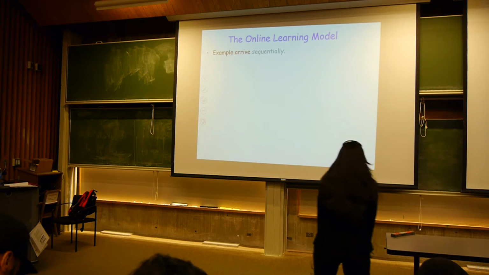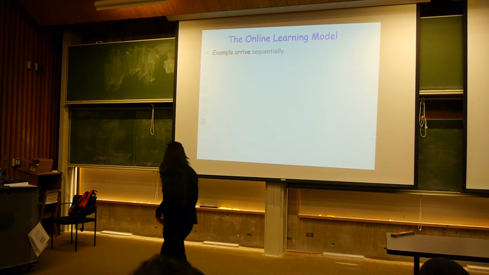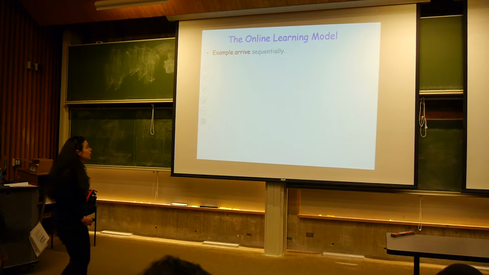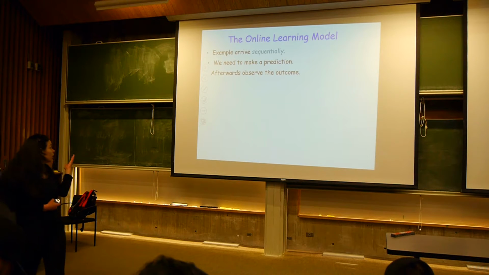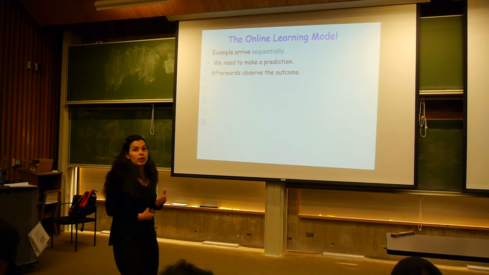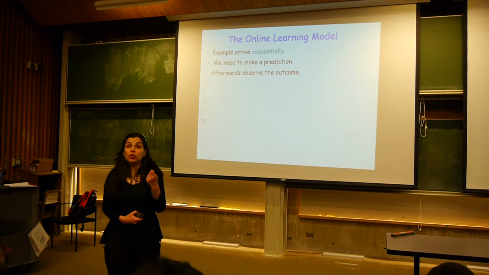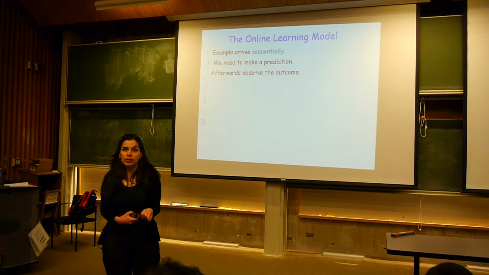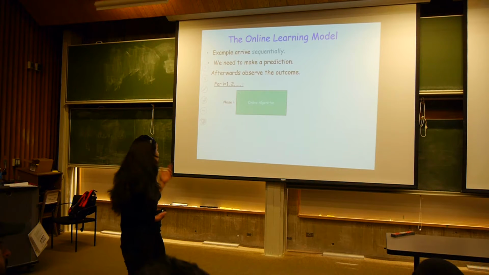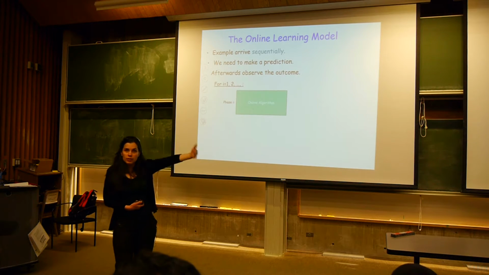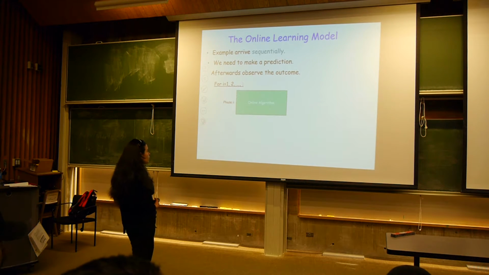Now here is a different paradigm, called the online learning model, where the examples arrive sequentially, one at a time. So each day, an example arrives, like an email arrives, and we need to make a prediction on that example. And then, at the end of the day, we get to observe the outcome. Pictorially, we're going to go for a number of rounds, potentially many rounds, many phases.